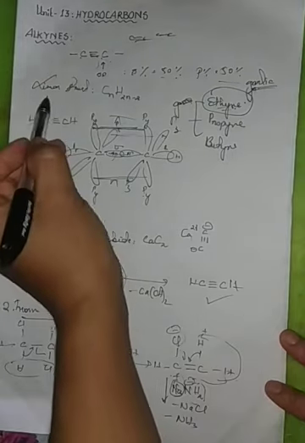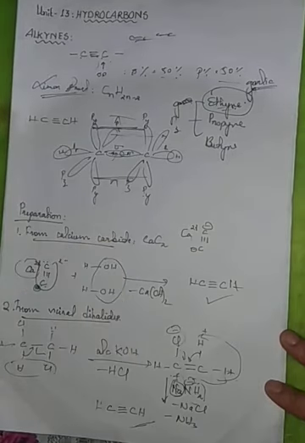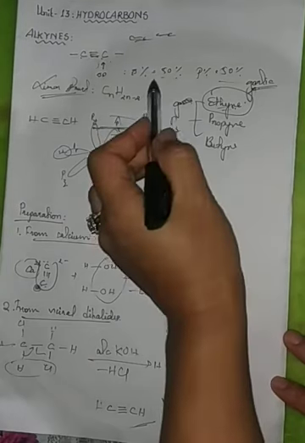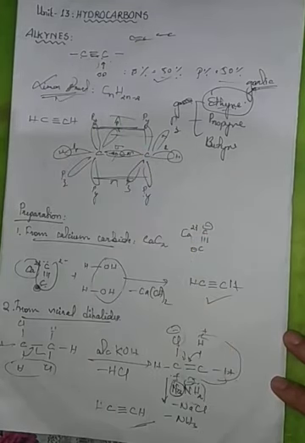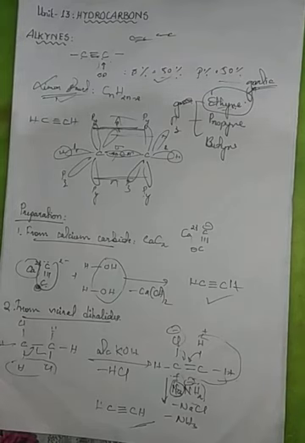And we know that there is a linear structure for alkynes. These are the two properties that make alkynes have higher boiling points as compared to alkenes and alkanes. In the next videos, I'll be discussing the chemical properties of alkynes.